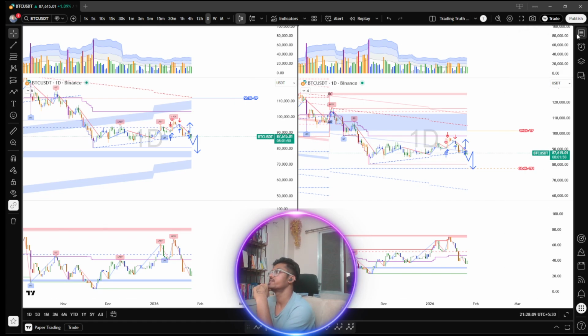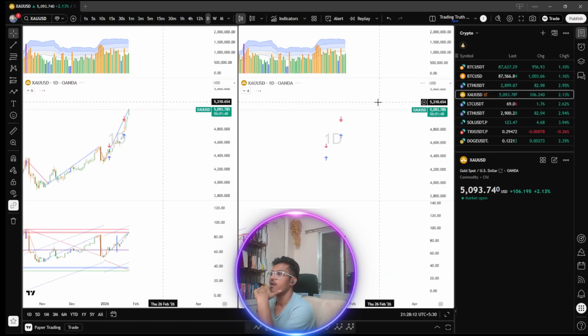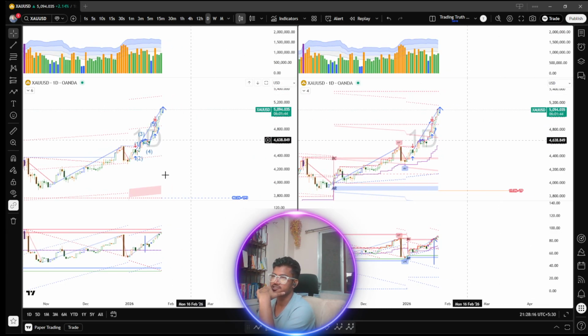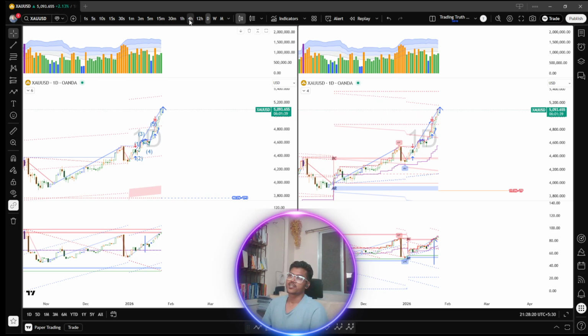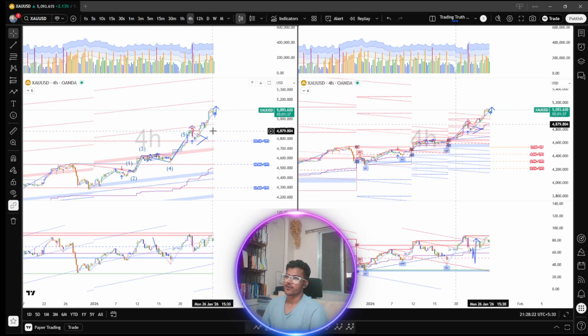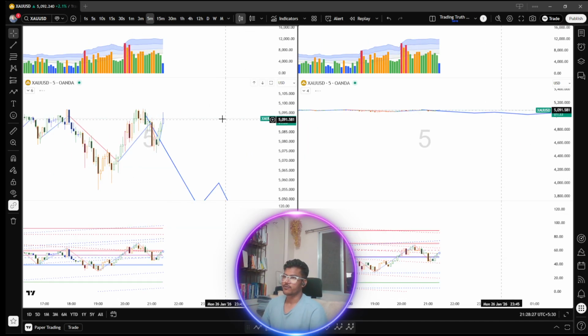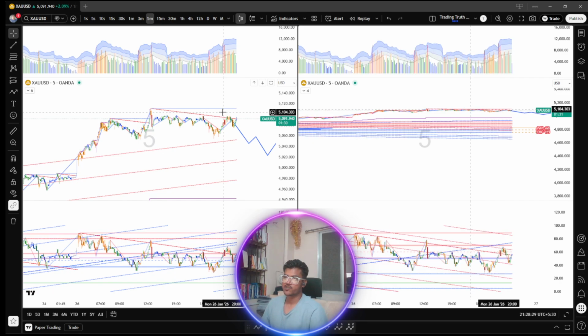But most of the trading activity that I'm gonna be doing will be on XAU, because it's just going up, and the analysis that we did was very accurate. And by the way, guys, you can apply this indicator to any market.